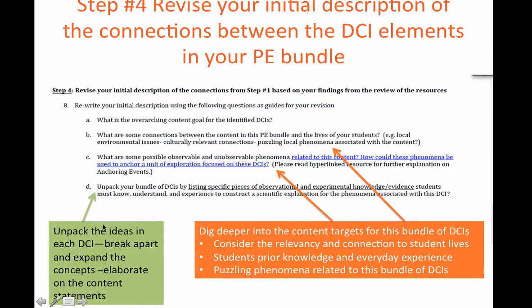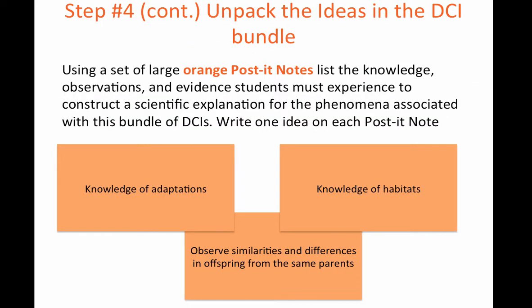But in letter D, you really want to unpack the ideas in this DCI, break them apart and expand the concepts. You're going to be elaborating on the content statements because these performance expectations are bundled across the DCIs. These DCIs and their elements are very large grain size, so you need to break them down. And here's how you're going to do that.